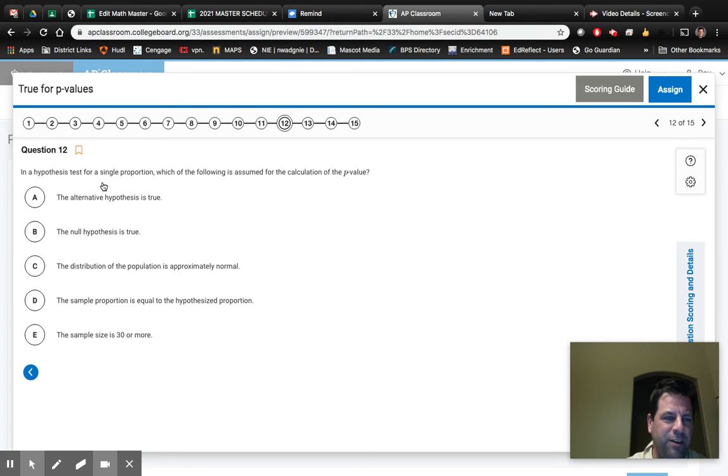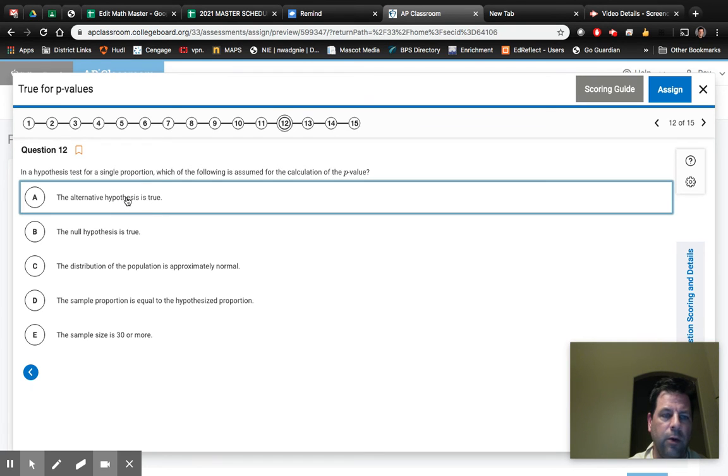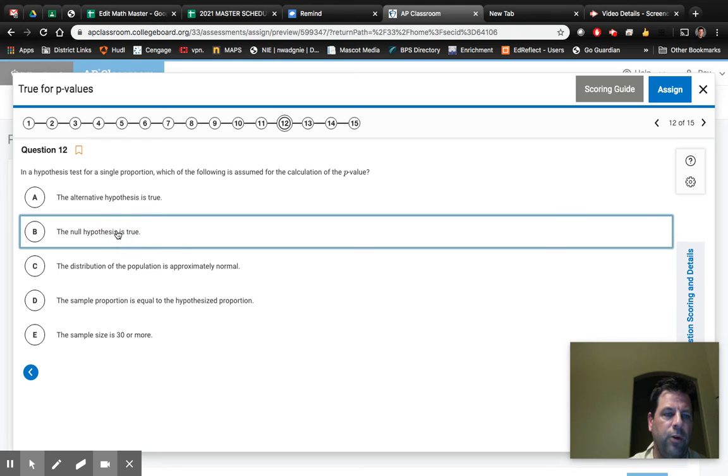In a hypothesis test for a single proportion, which of the following is assumed for the calculation of the p-value? No, that's not true. The null is true.